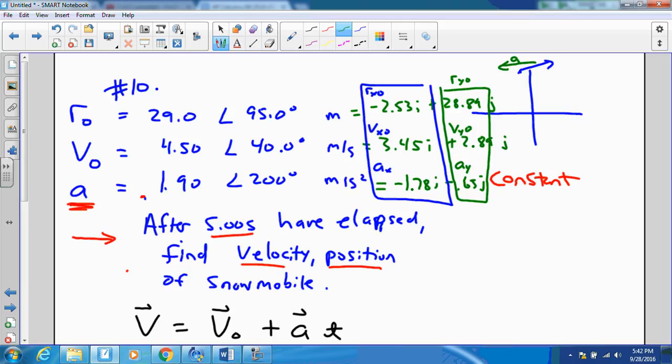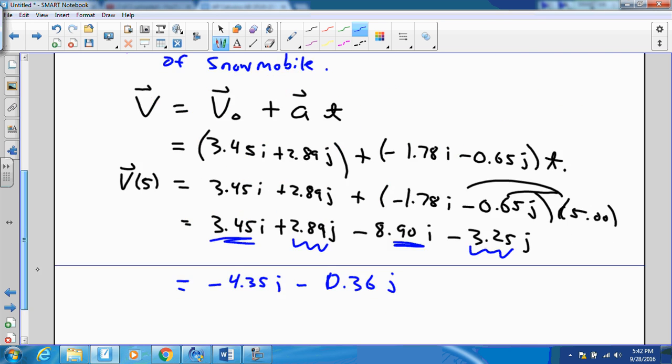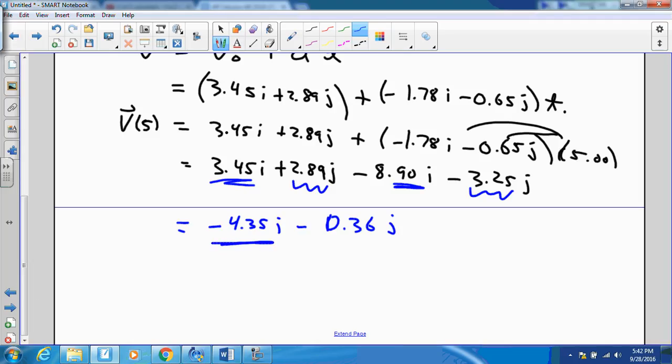And you would take all these components right here, and you label them as Ry0, and Vy0, and Ay, and then you would do entirely separate calculations for the x's and for the y's, and at the end, you would still find that the x component was negative 4.35, and the y component would be negative 0.36 meters per second for the velocity.